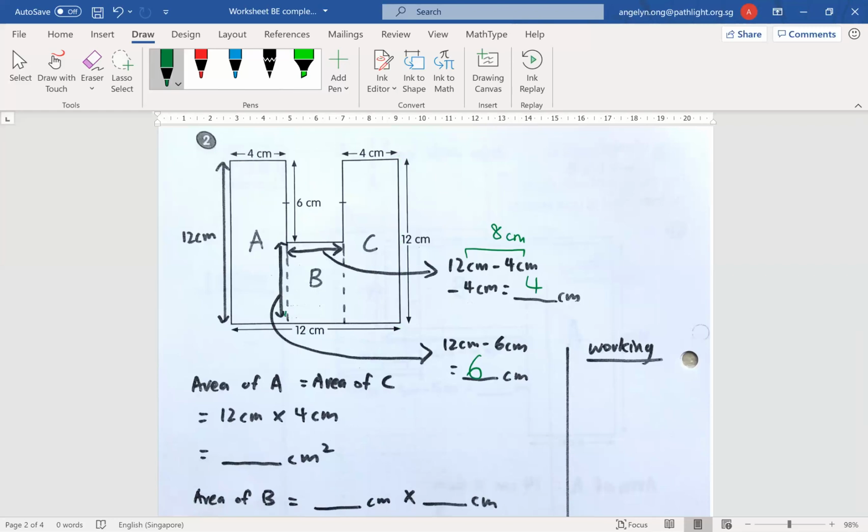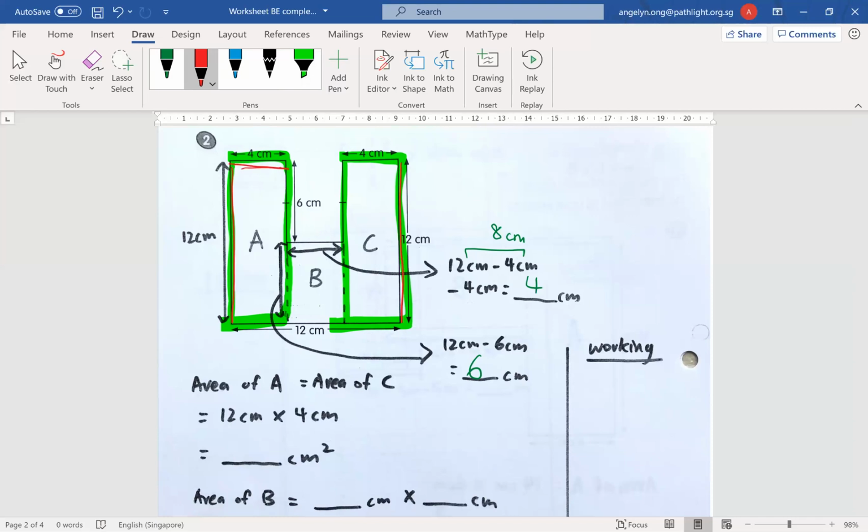Okay, so first I'm going to find area of A, this one here, which is actually the same as area C. They are exactly the same. So if I find area of A, it's the same as finding area of C. Okay, so area of A is length 12, because it's the same as this, and the breadth is 4.